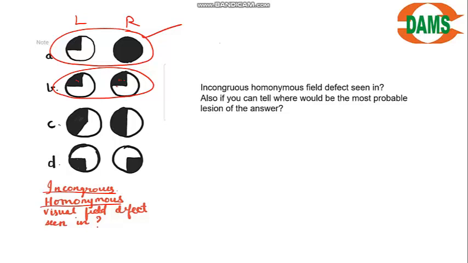Here again it is homonymous, on the same side, left homonymous, but it is asymmetrical, incongruous. So it is incongruous as well as left homonymous. Mostly the lesion will be in the optic tract, because optic tract lesions can be homonymous and also incongruous. So C is the answer to today's question.